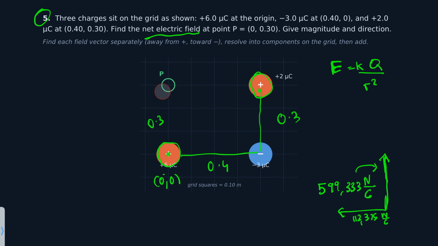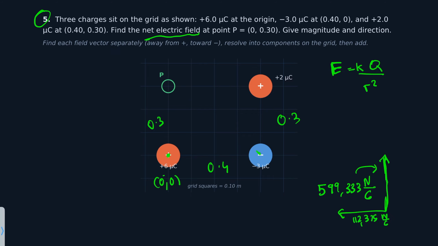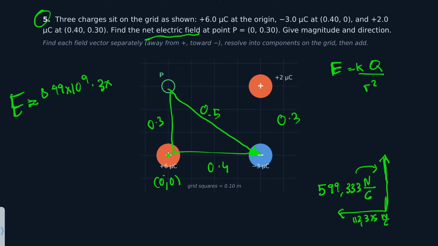And then what about this field from this electron? So electrons pull inward, so the field vector is going to look like that. And this distance, since this is 0.3 and 0.4, I just showed you why this would be 0.5, right? So the field strength at that point is K, 8.99 times 10 to the 9, times the magnitude of this charge, 3 times 10 to the negative 6, over 0.5 squared, okay? So similarly, let's take a look at that.